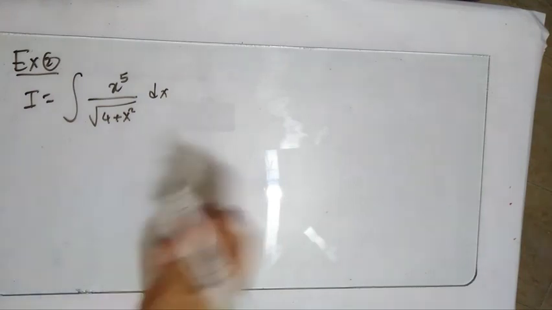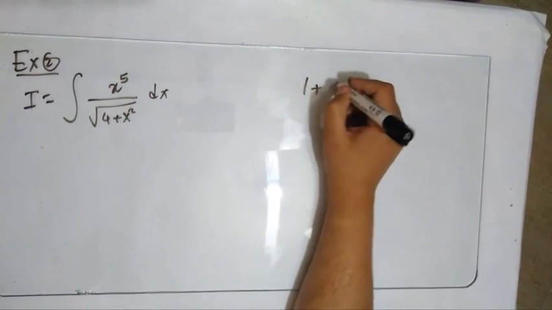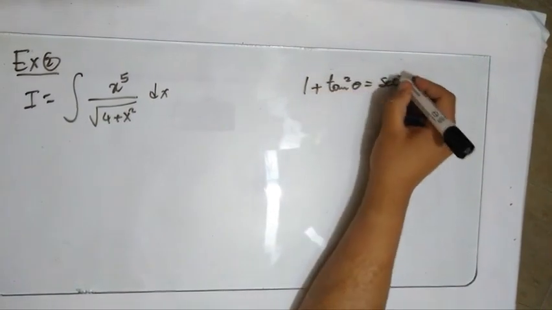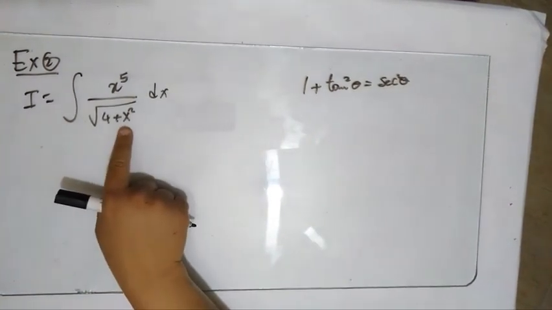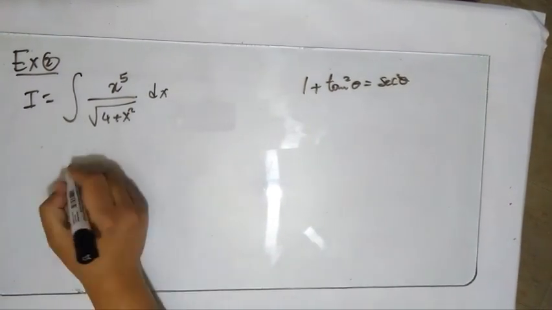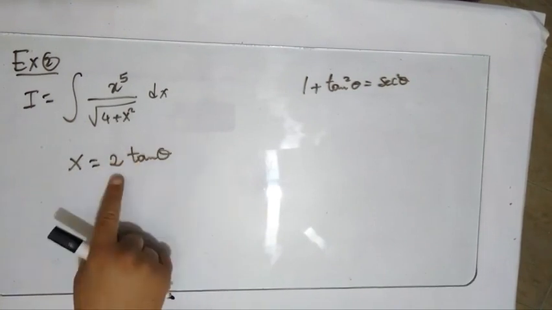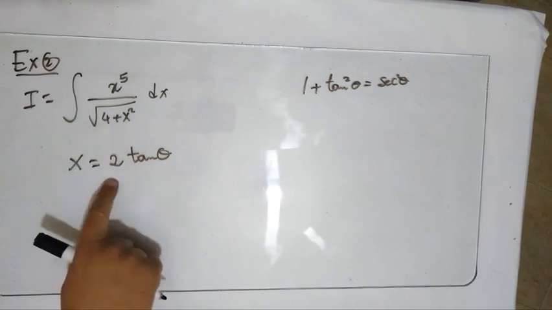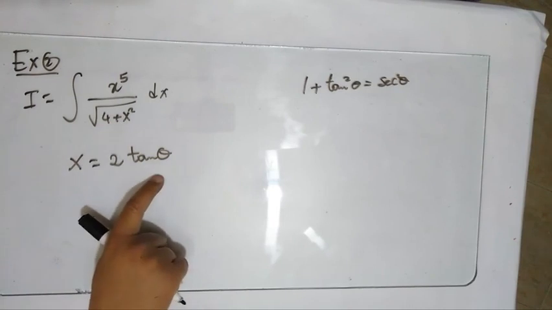So we know this identity, that 1 plus tan squared equals secant squared. So if I choose x to be 2 tan theta, why 2? Because this is 4, so I have to take the square root of this number and write it here, and since this is plus, I will use tan squared. Why?